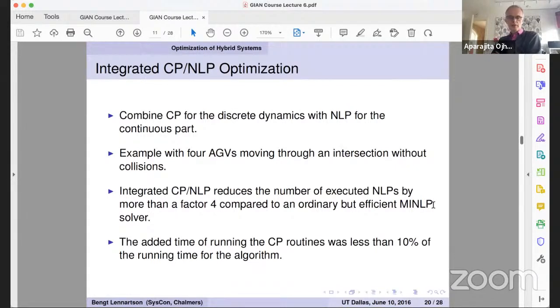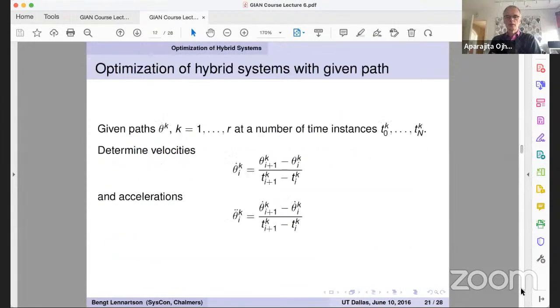And by this CP technique, the added time of running the constraint programming routines was less than 10% of the running time for the algorithm. So you could say that by introducing some stuff from constraint programming, we have been able to solve MINLP problems quite nicely.